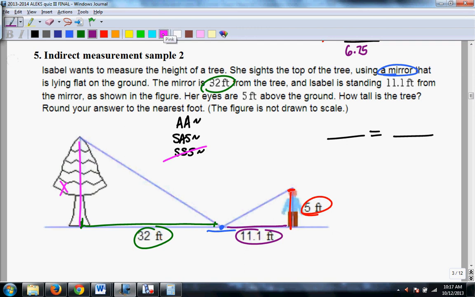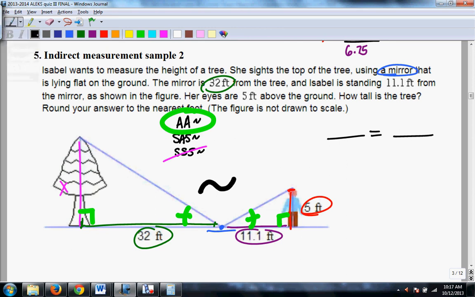Because of reflective angles, angle of incidence and angle of reflection, we have a pair of congruent angles. Also, anything in our storyline that is perpendicular to the ground, we're going to assume is a right angle. So in this scenario, we know they're similar by angle-angle similarity. That allows us to do a proportion.